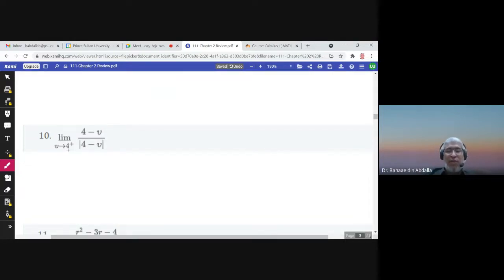Here, when v approaches 4 from the right, this means we choose a number greater than 4. If we choose 4.1, then 4 minus 4.1 is negative.